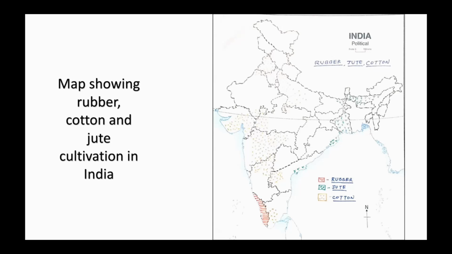And for jute, now come the coastal and delta areas of Godavari and Krishna in Andhra Pradesh, Mahanadi in Odisha, then West Bengal, the whole state, part of Bihar and Assam.